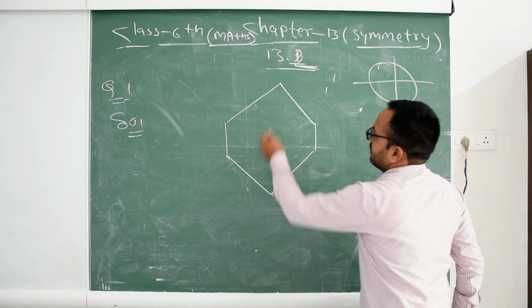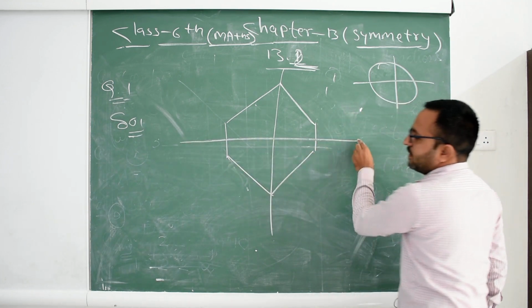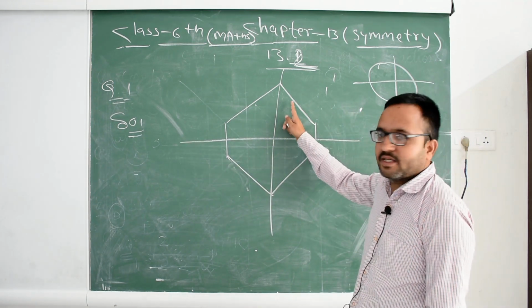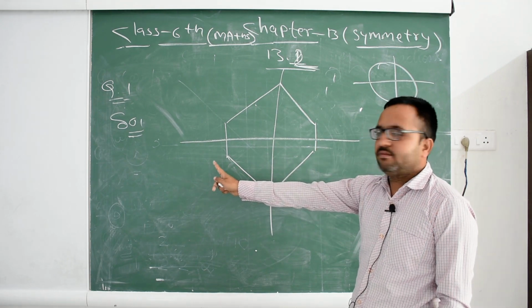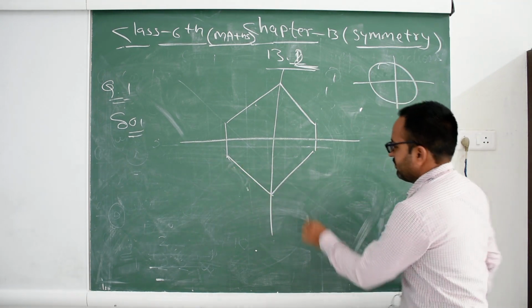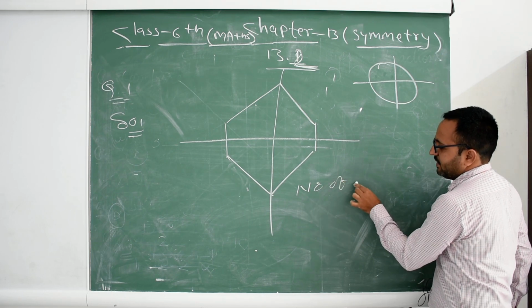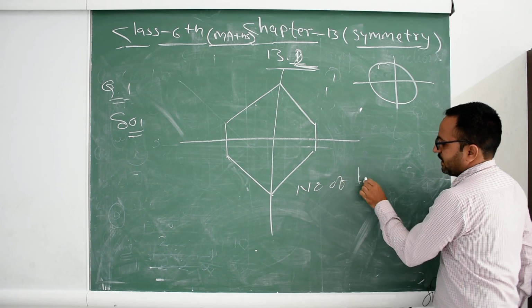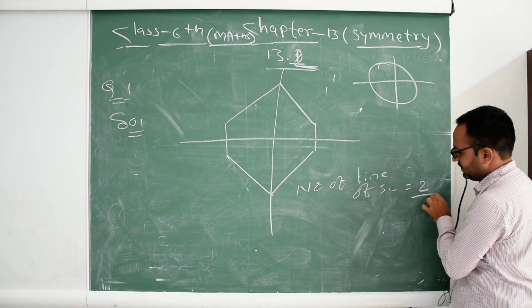Okay, so now we check 1, okay, and 2. In this case we draw 1 and 2 lines of symmetry. Okay, so the number of lines of symmetry is equal to 2.